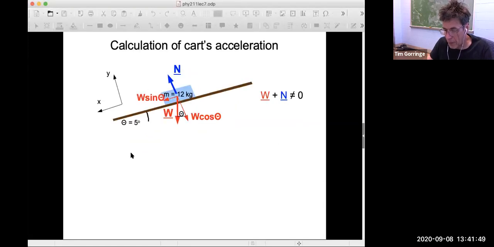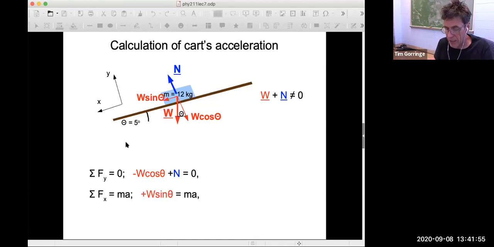So my first step was actually to solve for the net force and the acceleration of the cart down the incline by thinking about the equilibrium in these two directions.